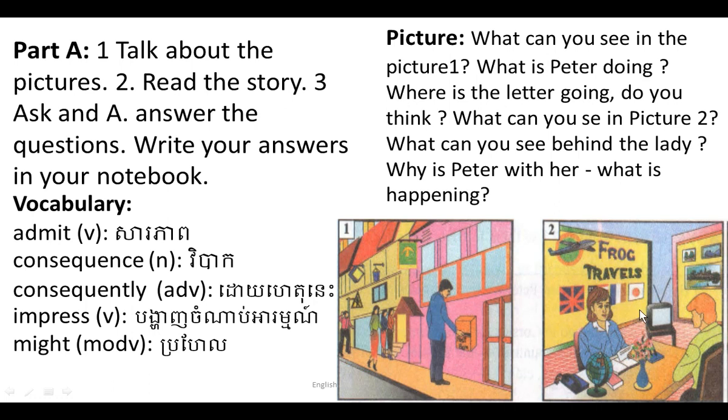And look at picture 2 then. What can you see in picture 2? In picture 2 you can see 2 people in the room. What might you see behind the lady here? Behind the lady, can you see the brand of Frog Travel?